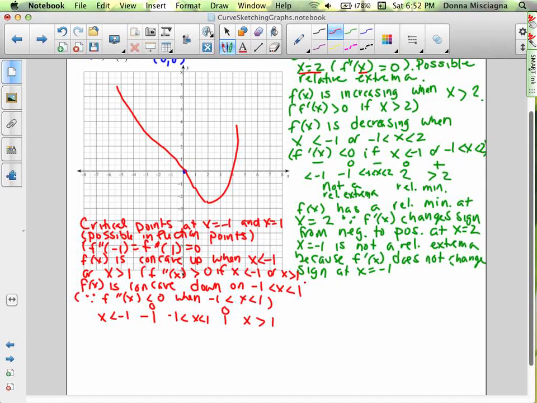All right, so less than -1, it was concave up. It was greater than 0, and it was greater than 0 here, and it was less than 0 here.